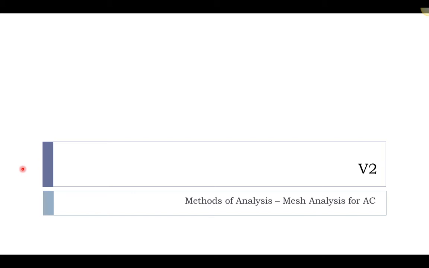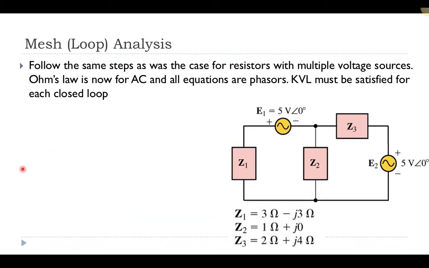AC circuits. So suppose that I had a situation where I had two AC voltage supplies connected in my circuit, and they are not connected in series or parallel because I have these impedance values that are in between. And for this particular circuit, at this stage, none of these impedance values are in series or parallel because of these voltage supplies.